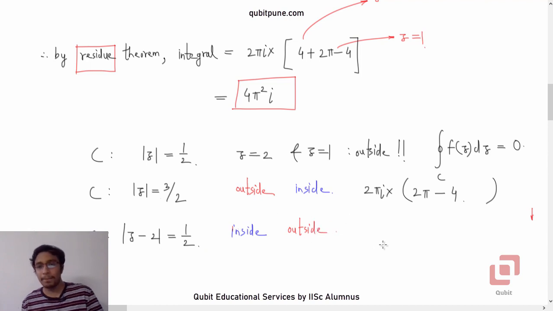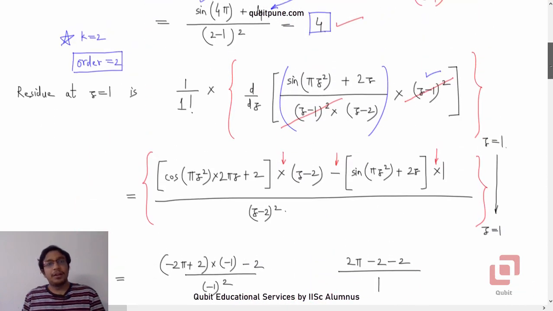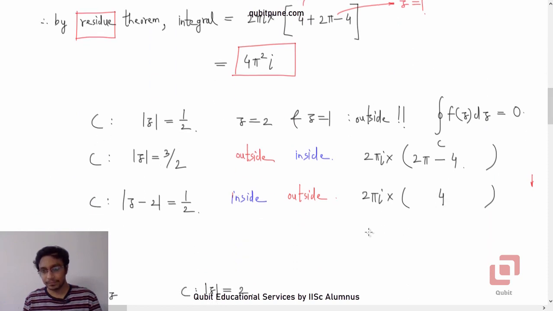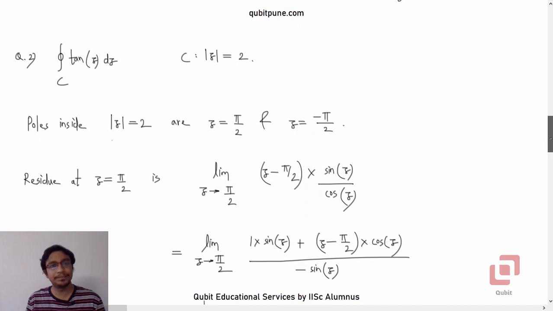So what will the value be? The value of the integral will now be 2 pi i times the residue at 2, which is 4. So the integral's value would be 8 pi i. Depending on the locations of the poles with respect to the contour C, or the curve of integration, we will go on getting different values of the integral. Okay, let us now see one more example.